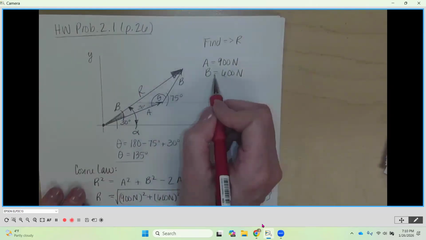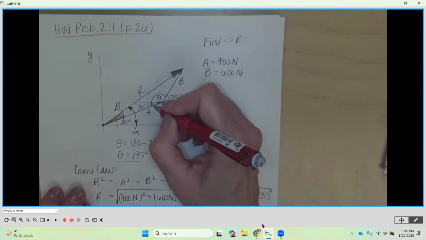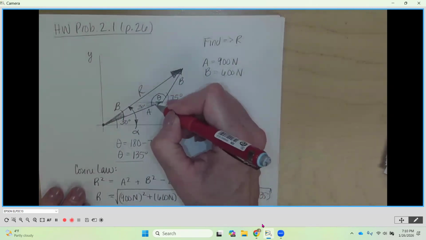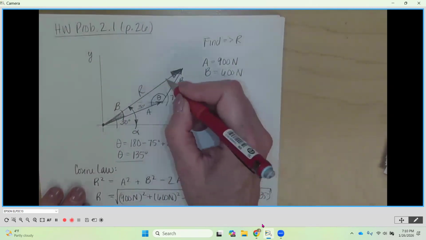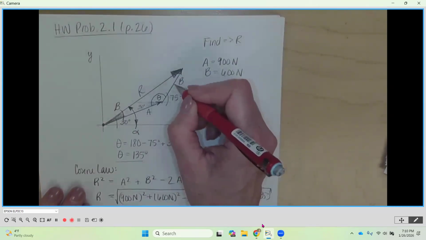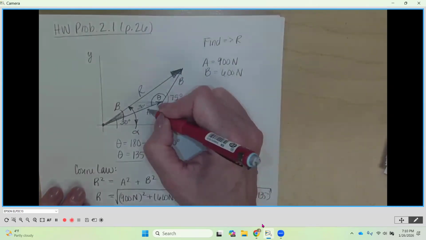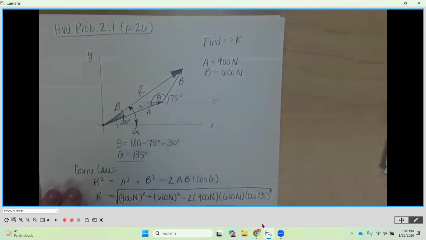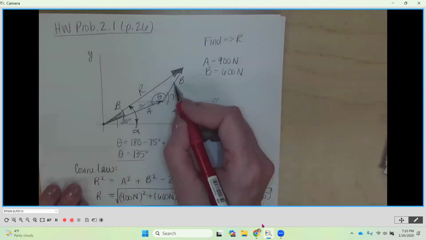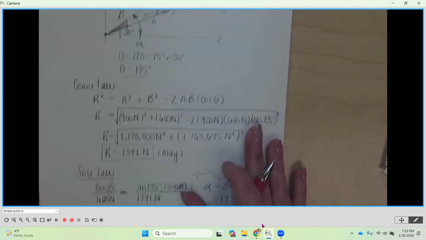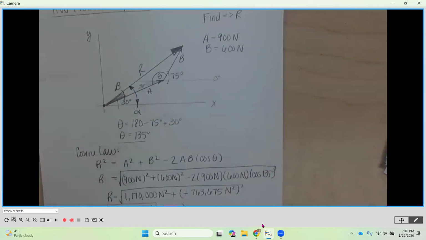That's opposite, that's the 600. And then theta is opposite the resultant. And if we would have an angle here, this would be opposite the A. I know it's kind of a flat triangle, so it doesn't feel as opposing, but yeah, it's the angle opposite the side. That's what the sine law is. Got it. Thank you.